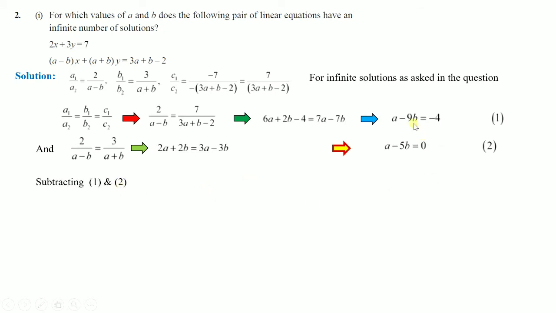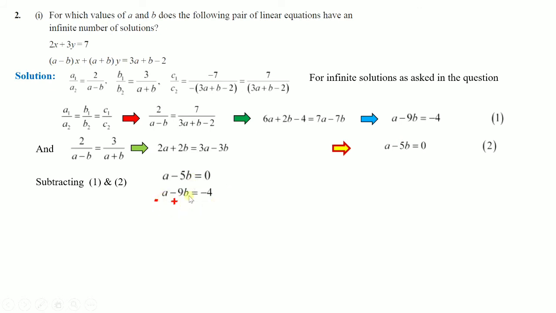So subtracting 1 and 2. Why? Because the coefficient of a is 1 and the coefficient of this a is also 1, same coefficients with the same sign, plus plus. So we are subtracting 1 and 2. So that is a minus 5b is equal to 0, and a minus 9b is equal to minus 4. So this plus becomes minus.